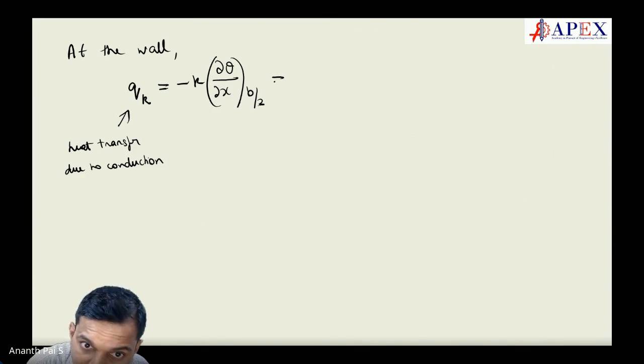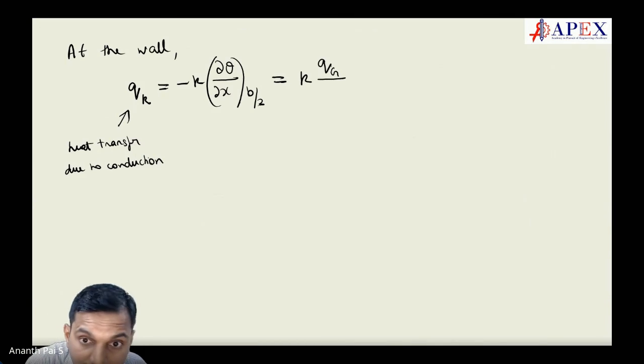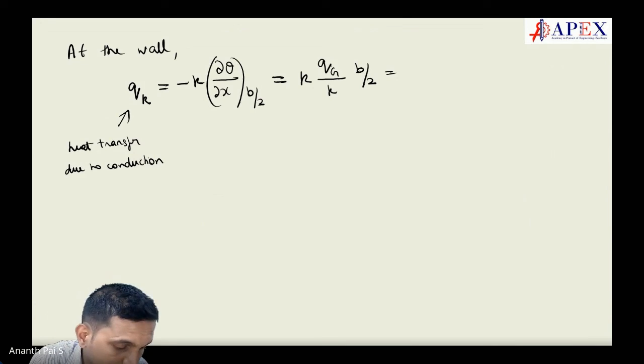This equals k into qg divided by k into b by 2, which is equal to qg into b divided by 2.